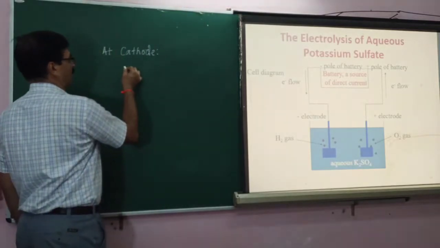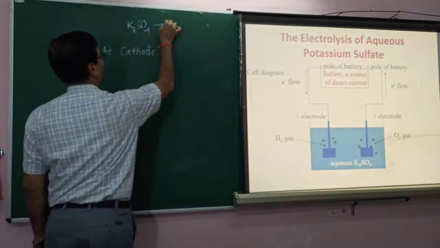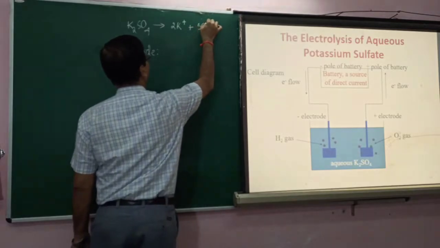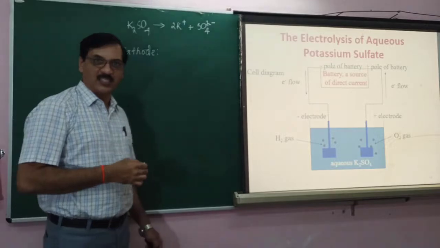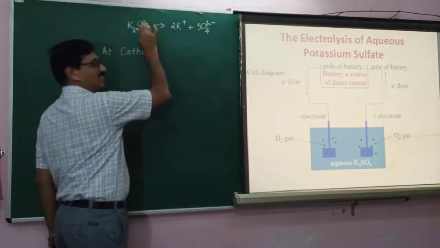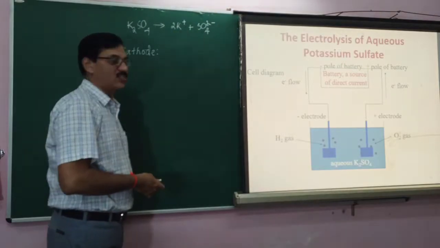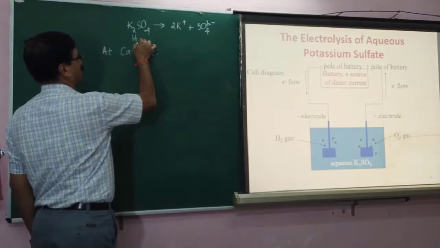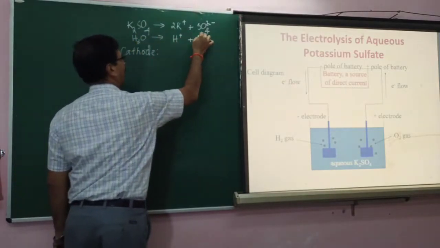Potassium sulfate contains two ions: the potassium ion and the sulfate ion, SO4 2 minus. These are the kinds of ions present when it undergoes ionization or dissociation into ions. Along with this, water also consists of hydrogen ion and hydroxyl ion.